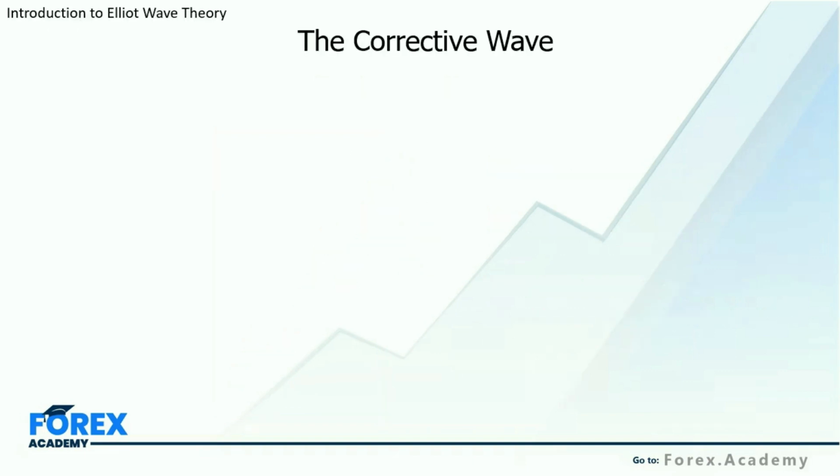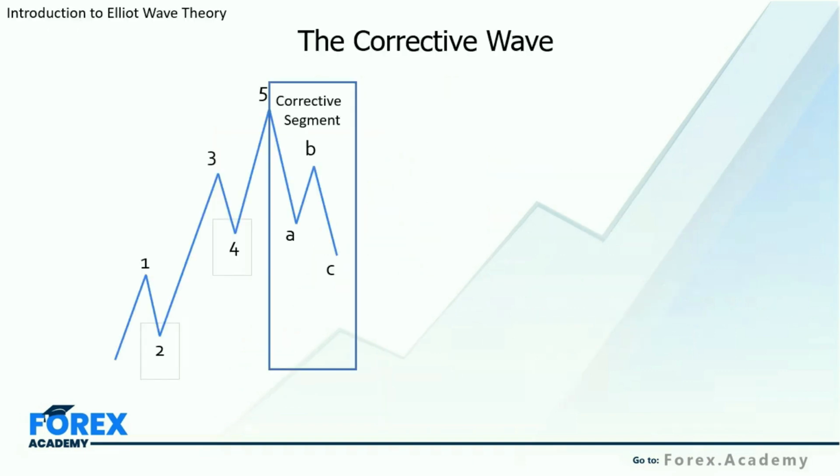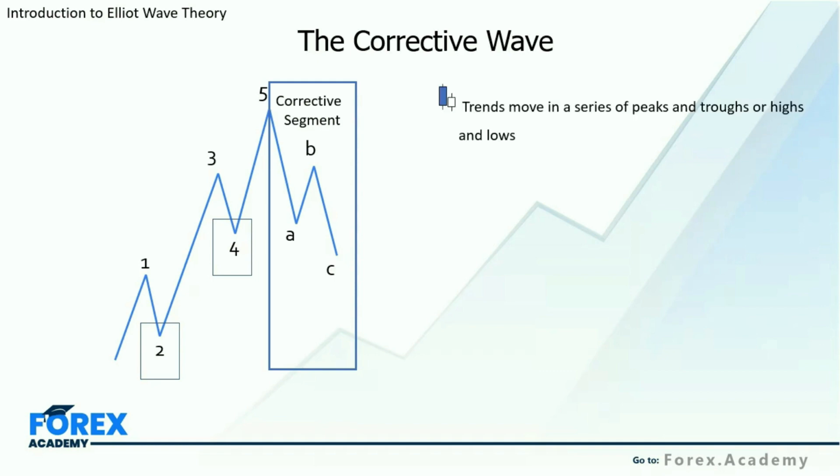So moving on to now the corrective wave, and we're again going to look at the same representation of price action, but actually there's a little bit more to the corrective part, or the corrective wave elements of this particular Elliott wave theory.